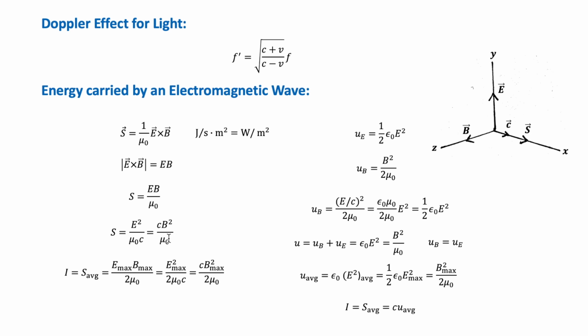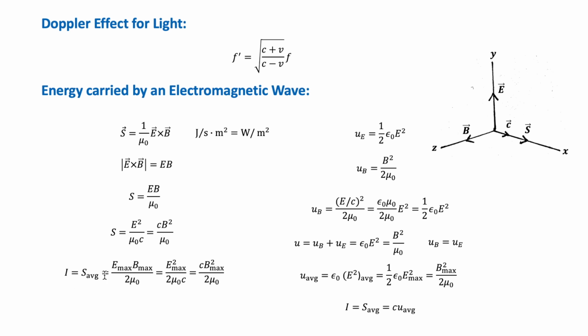This equation applies at any instant of time, but for a sinusoidal electromagnetic wave, we are interested in the time average of the Poynting vector over one or more cycles. This quantity is equal to the intensity. So S average is equal to the intensity, defined as the average power per unit area, okay?